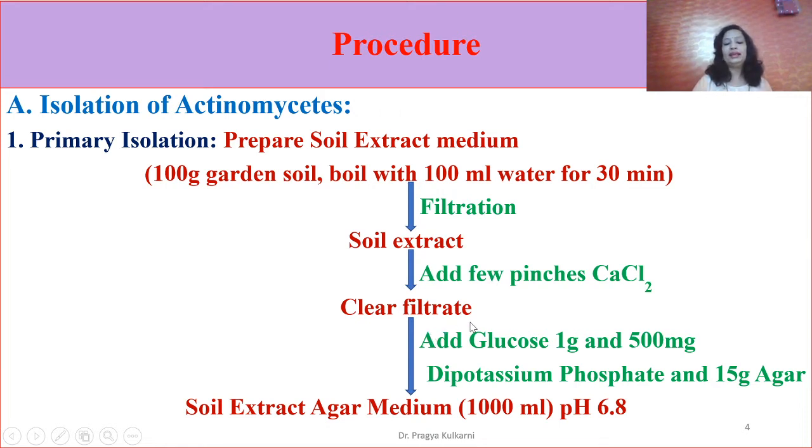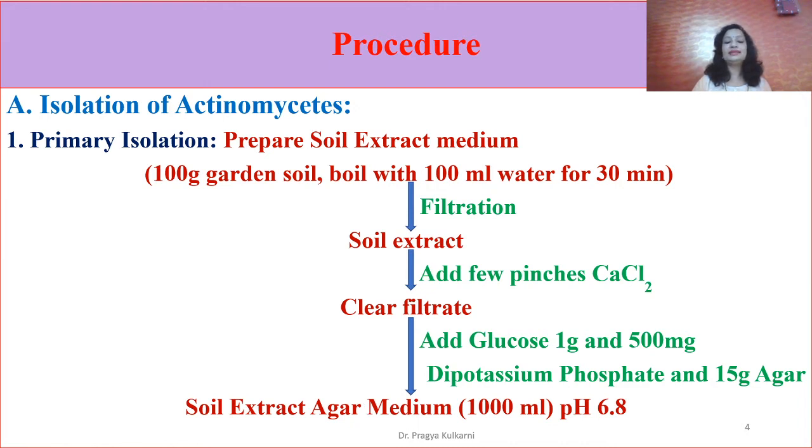To this clear filtrate, 1 gram of glucose, 500 mg of dipotassium phosphate and 15 gram of agar are added. After homogenization, it is converted into soil extract agar medium. It is made up to 1000 ml and pH is adjusted to 6.8. So this is the soil extract agar medium used for primary isolation of actinomycetes.